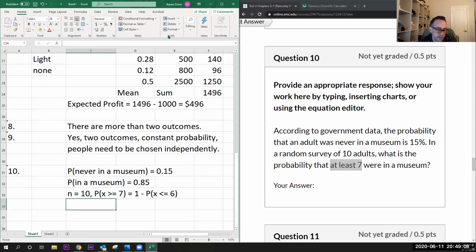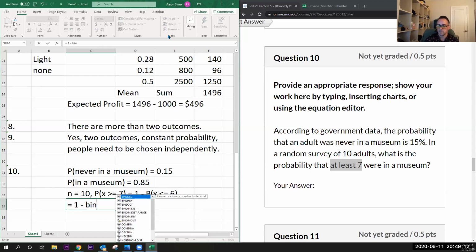And then from there, this equals 1 minus binom CDF of 10, remember n, p, x, so 10, at least 7 were in a museum, so 0.85, and then 6, right? So that's how we would do it.